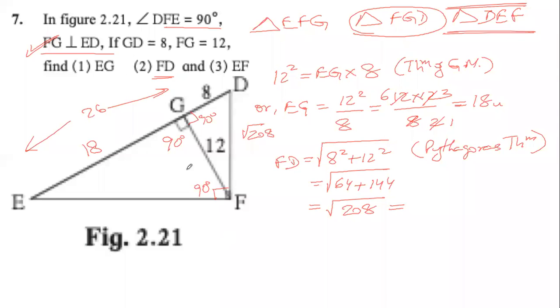Now, once again, using Pythagoras theorem, we can find EF as, writing it directly, square root of 18 plus 8, 26 हुआ. So hypotenuse square is 26 square. Minus the side square is 208. Square root का square. Do you remember what is the square of 26?